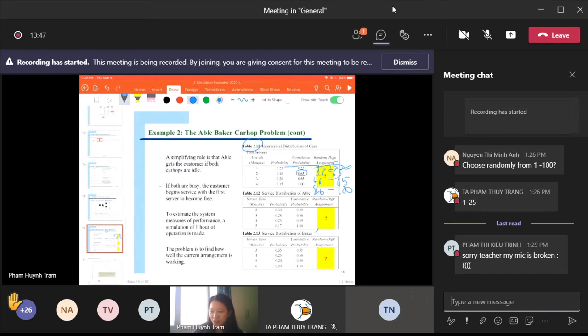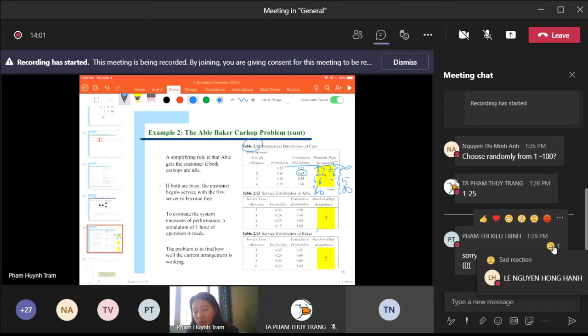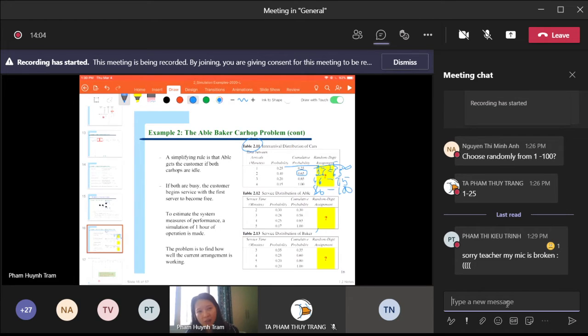We do similarly for the service distribution of Able and Baker. Because we have two servers, we also need to think of the rules here. In our simulation table, we use the rule that Able gets the customer first if both servers are idle.